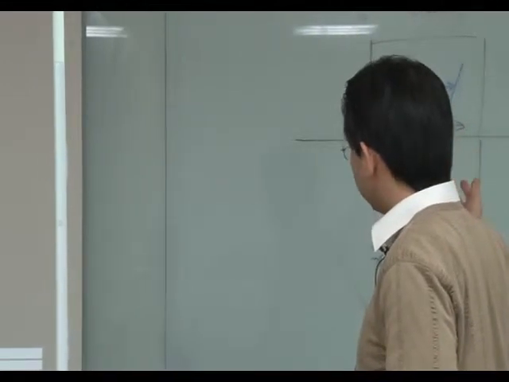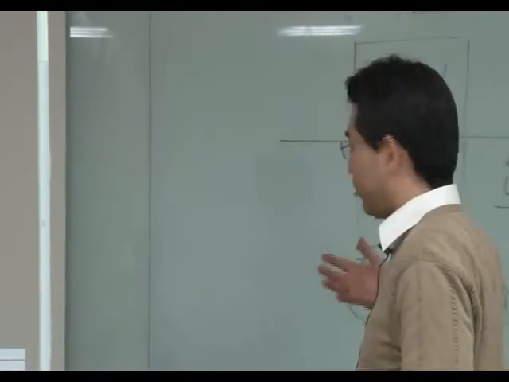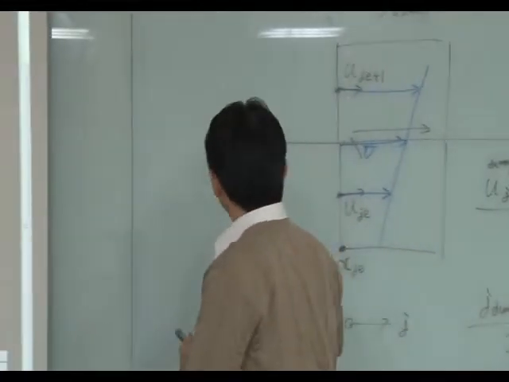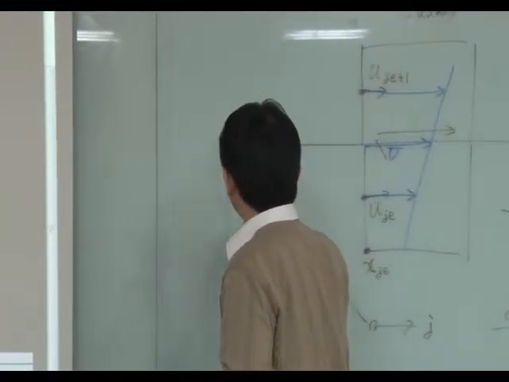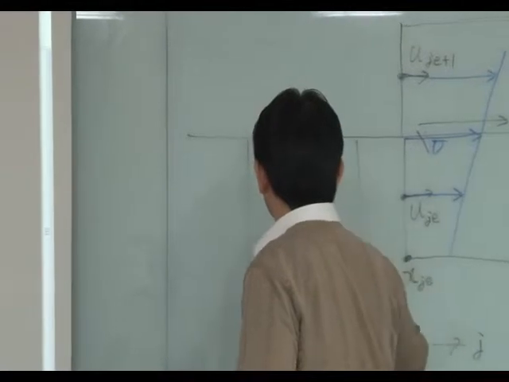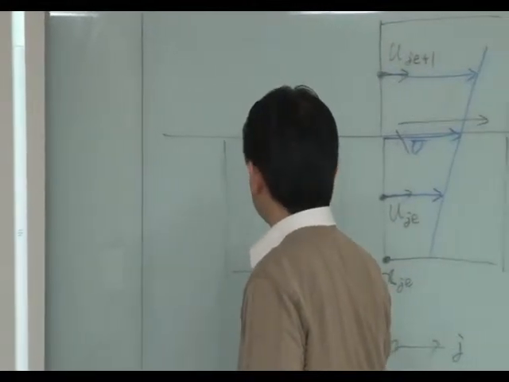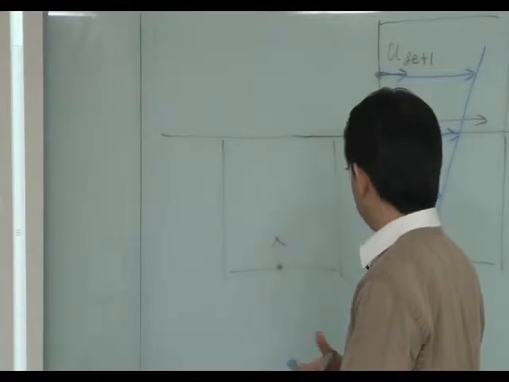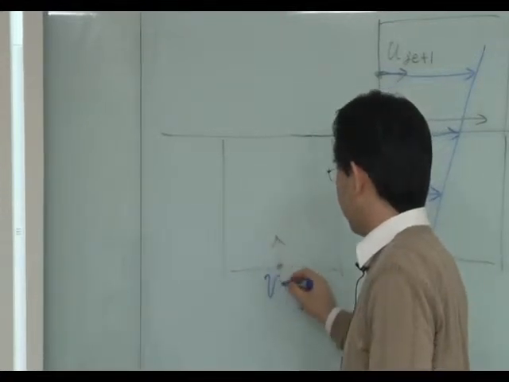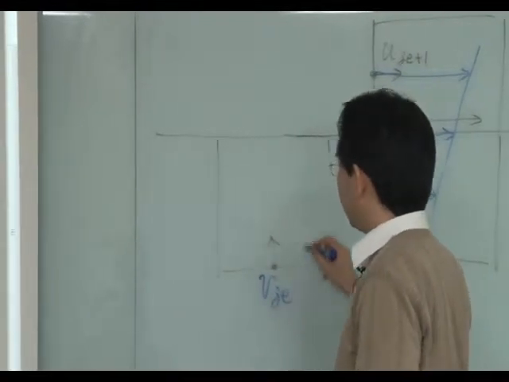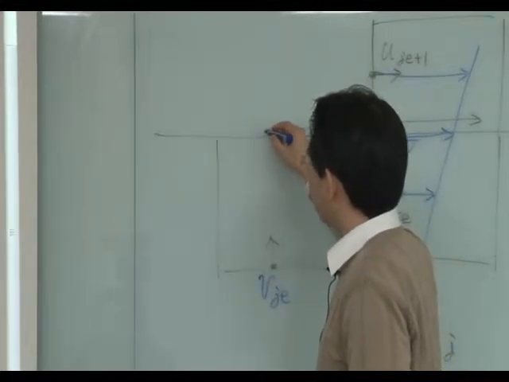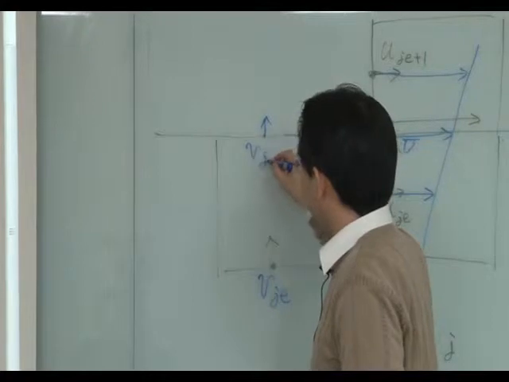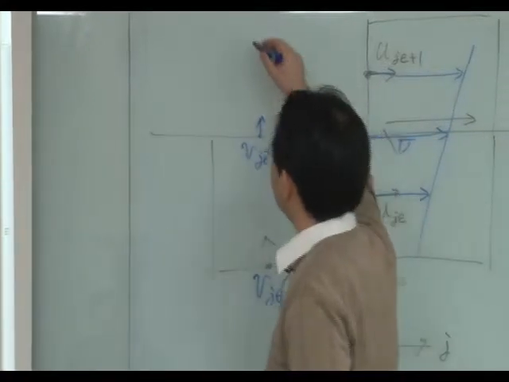But you have to consider the difference of the position in the V components. In the V components, the velocity point is here. This one is VJE, and this one is VJE plus 1.